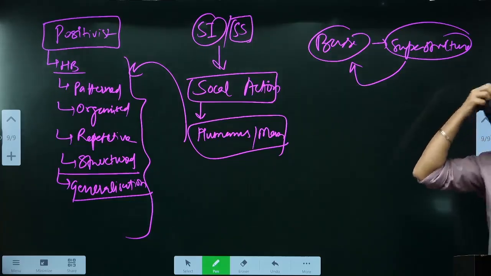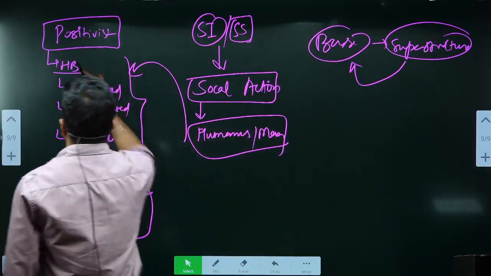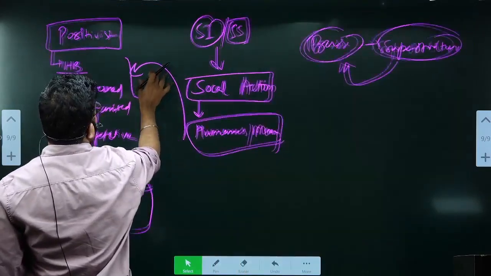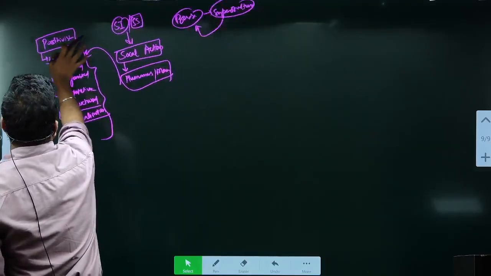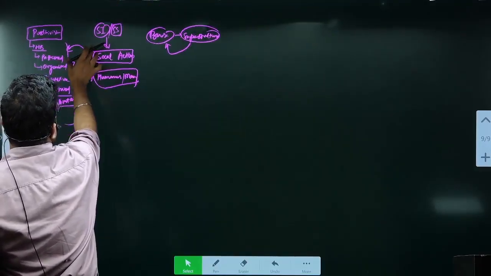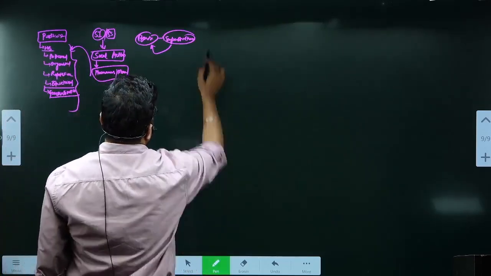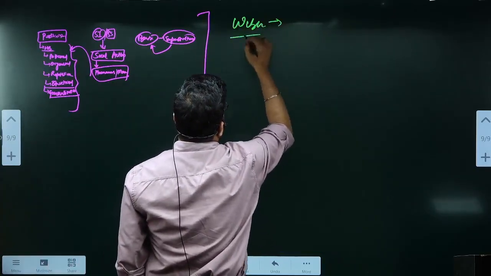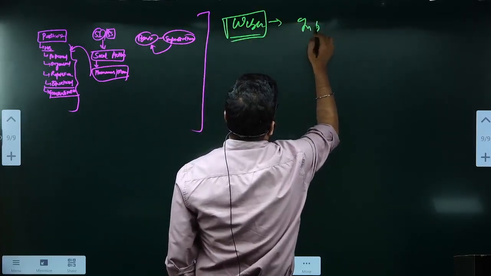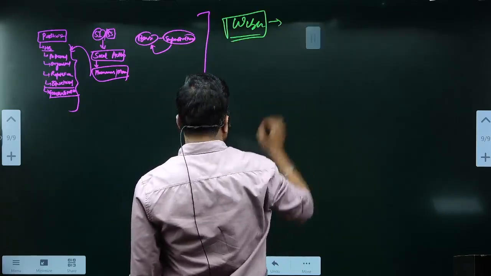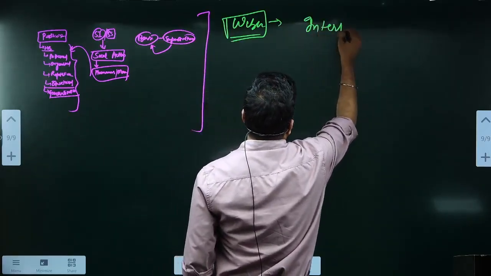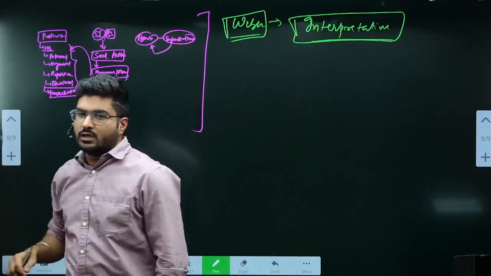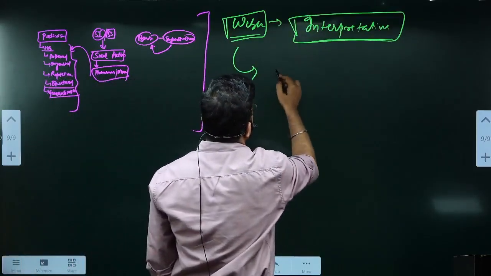So for Weber, who was the prominent person related to the interpretative school of thought, we have to focus on the idea that sociology is all about social action.